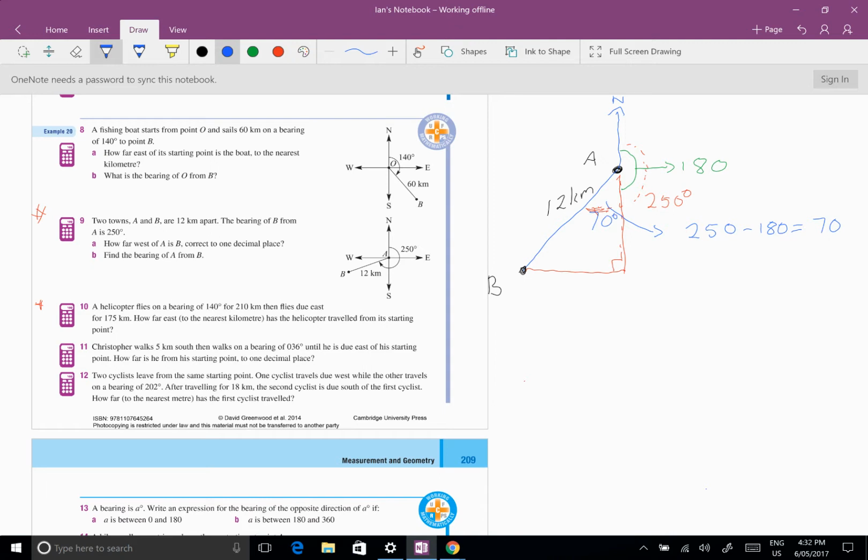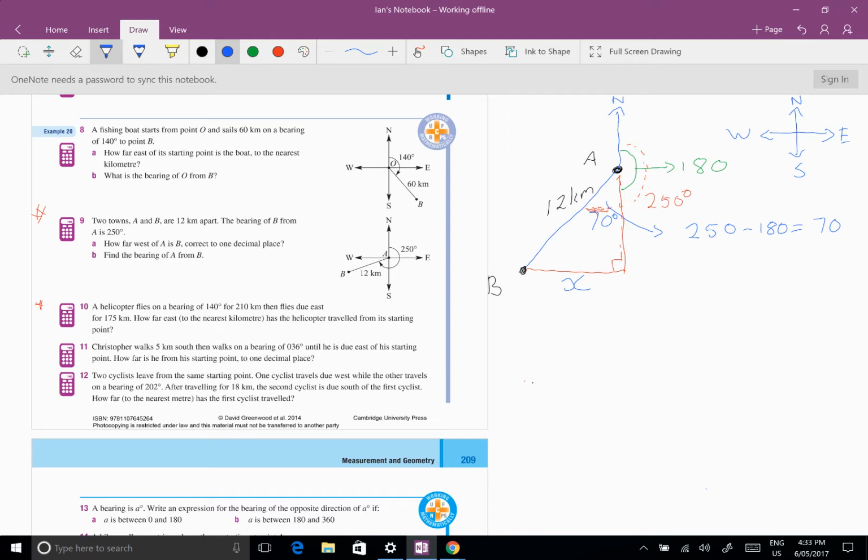Now, the question says, how far west? Well, remember, from our compass, north, we've already got that up, south, east is to the right, west is to the left. So I've got to find that. And I'll just put a pronumeral on there. X is as good as any other.